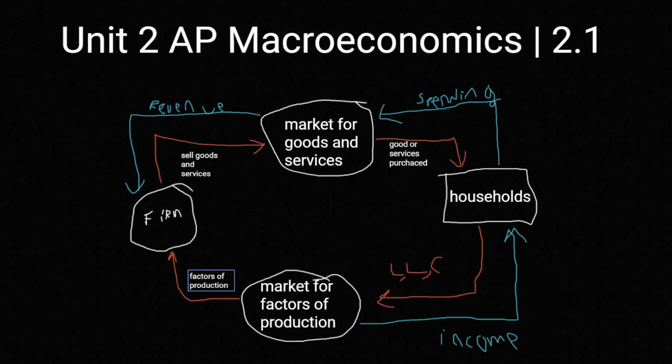And this means that instead of necessarily money, they get wages, rent, and profit down here. So wages, rent, profit, whatever it may be.